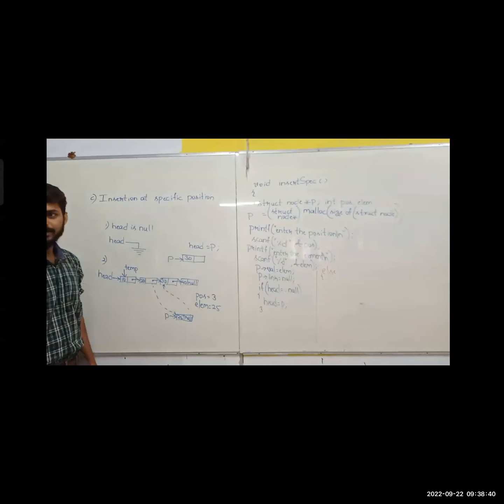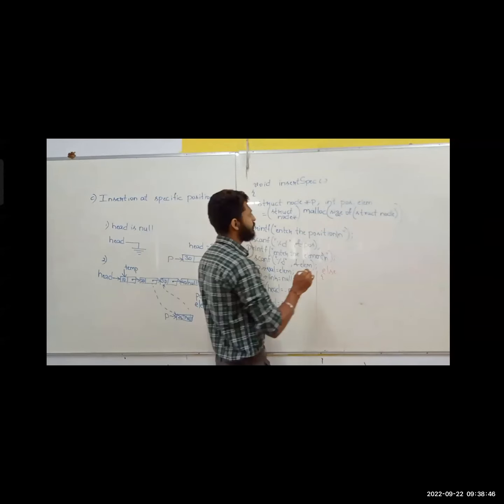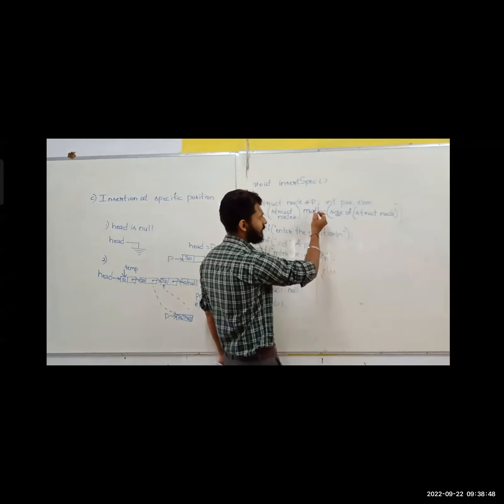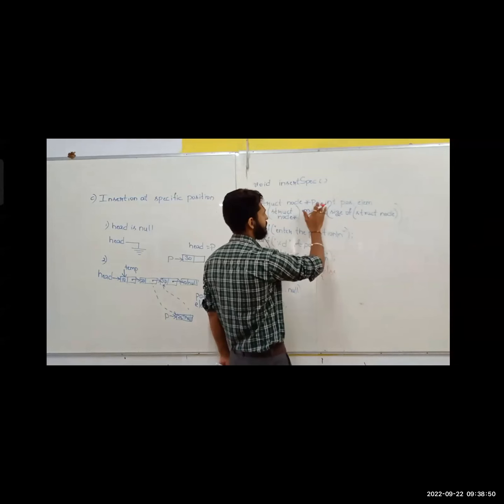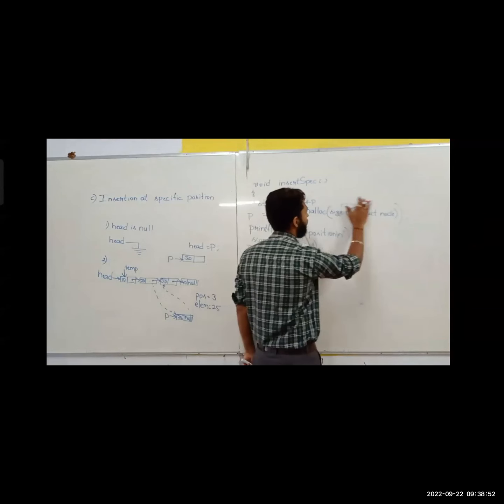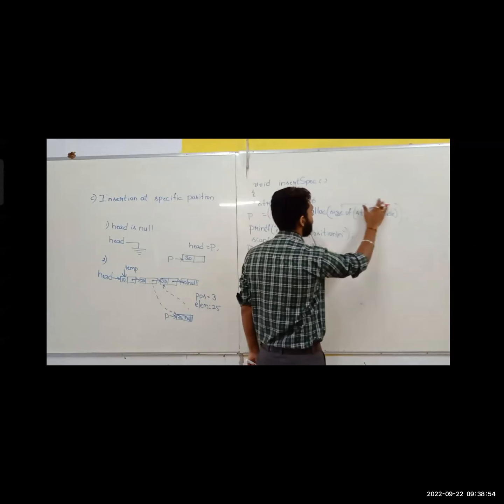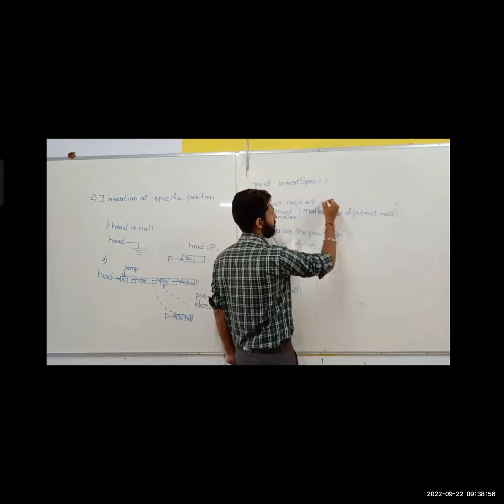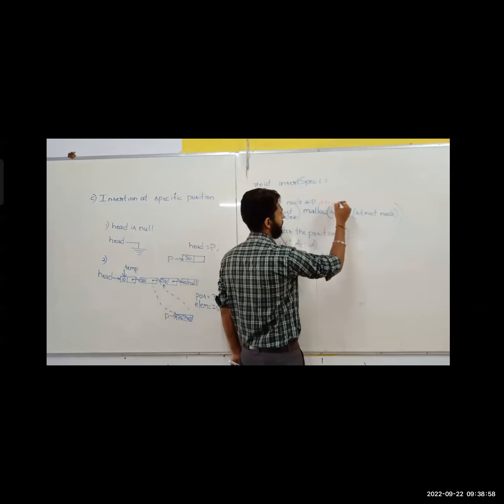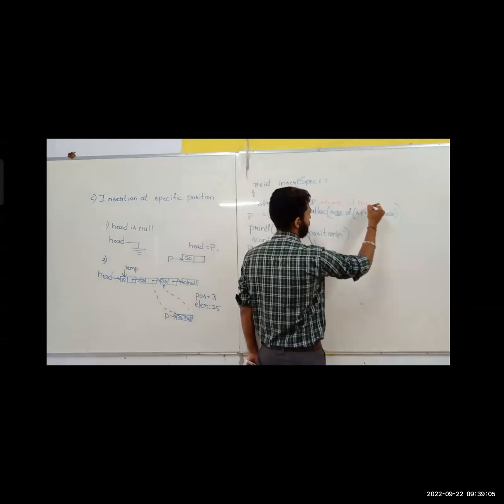Declare temp. I want my temp to point to the same place where my head is pointing. So first I should be declaring it. Here itself you should write, but anyways, I'll write it. Star temp, then integer type, position, comma, element. Next what?